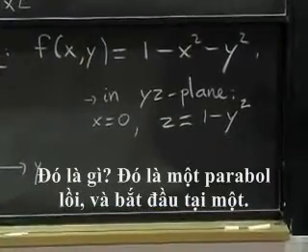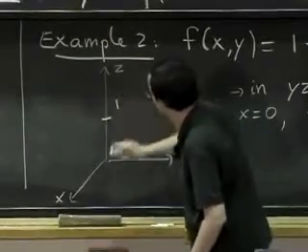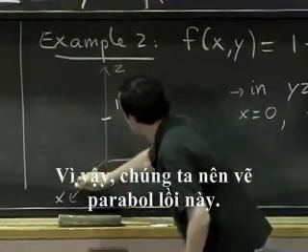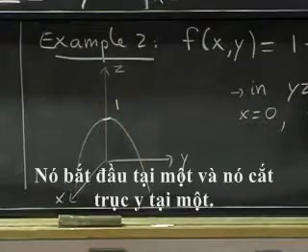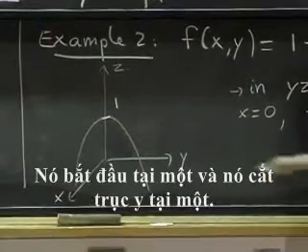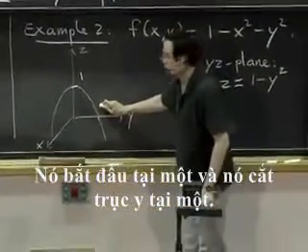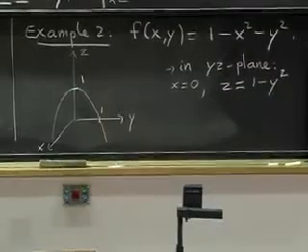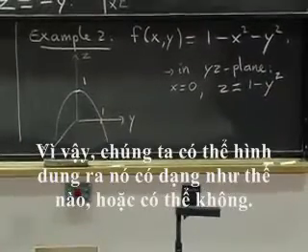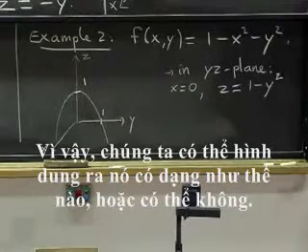It's a parabola pointing downward and starting at 1. So we should draw this downward parabola. It starts at 1 and it cuts the y-axis at 1. When y is 1, that gives us 0. What do we see? So we might have an idea of what it might look like, or maybe not.